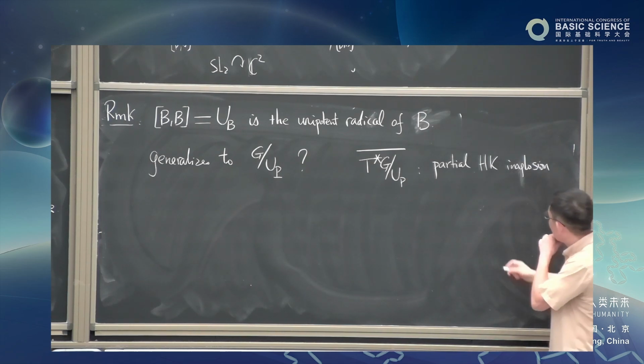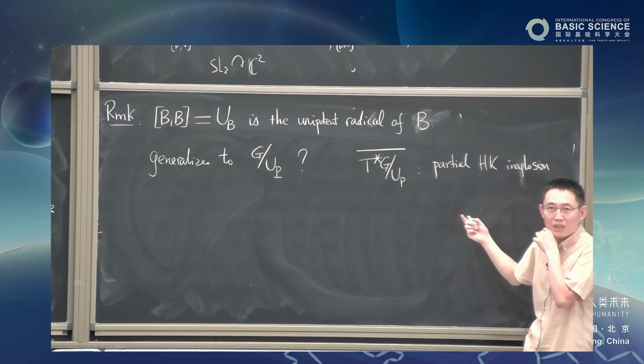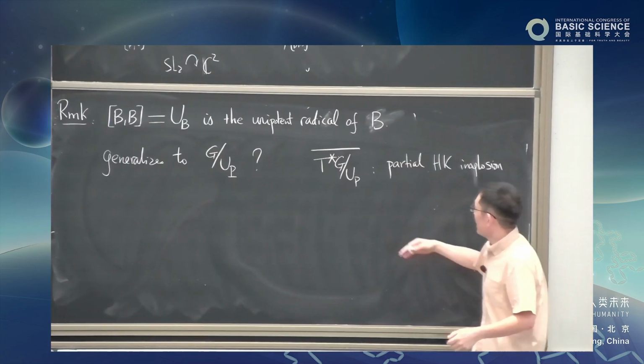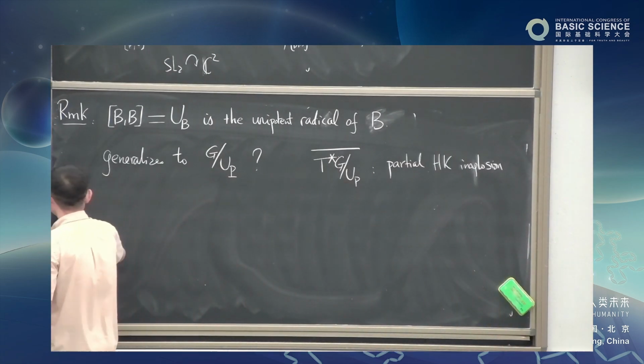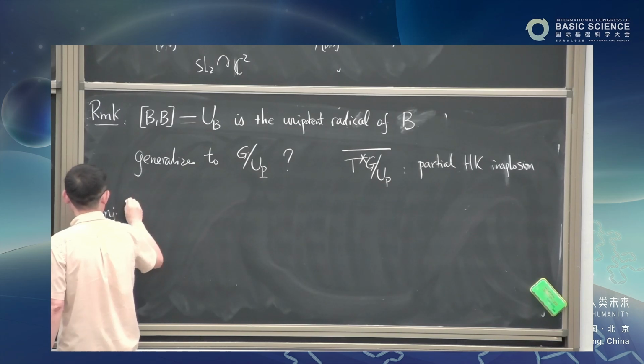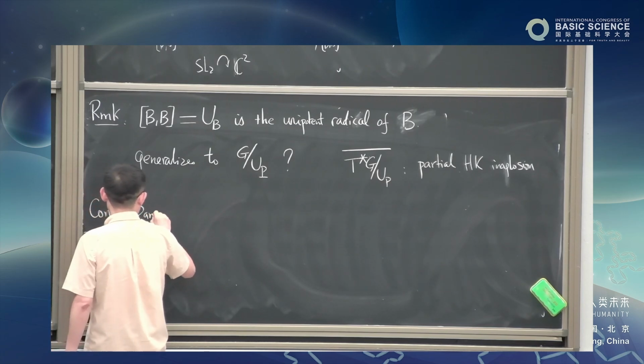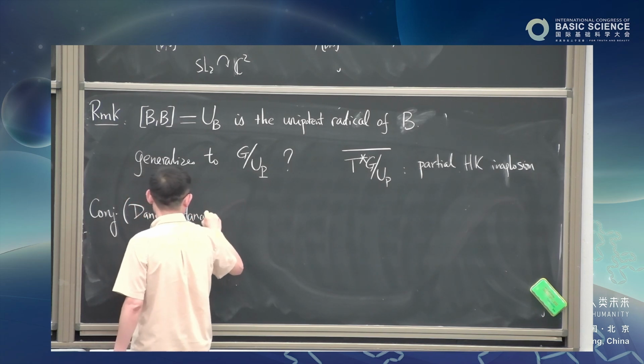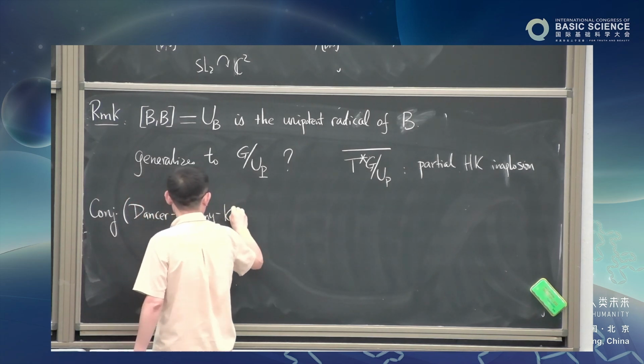I don't remember who gave this name. Maybe Dancer, Kirwan, and Swann, I don't know. For this one, in fact, we have another conjecture due to Dancer, Hanany, and Kirwan.